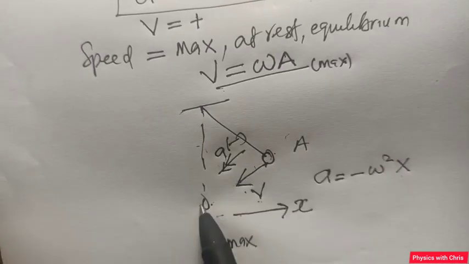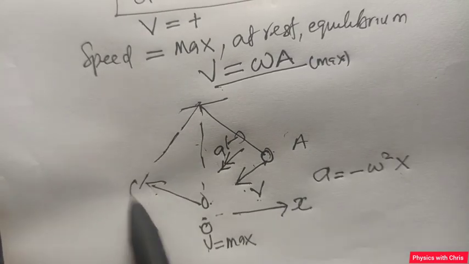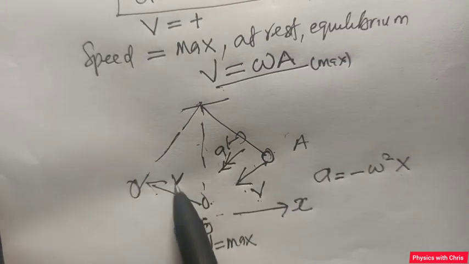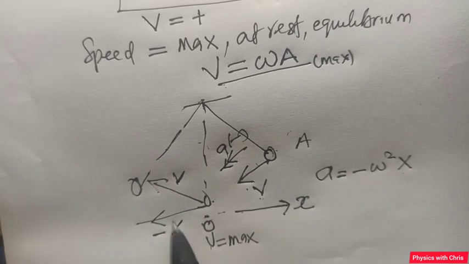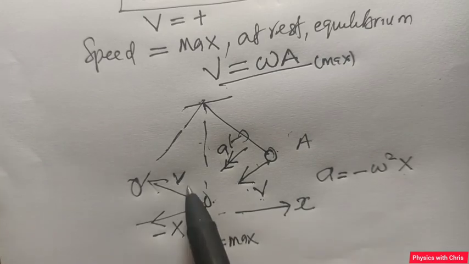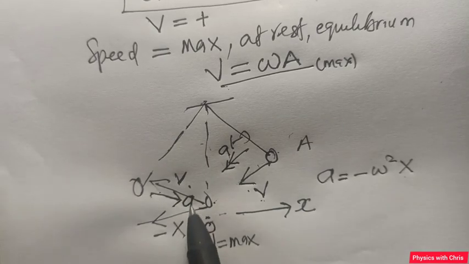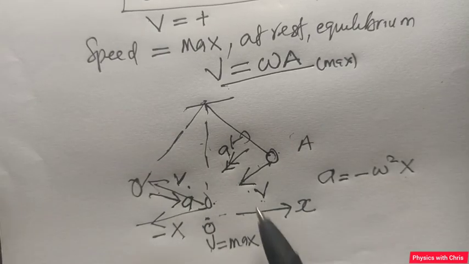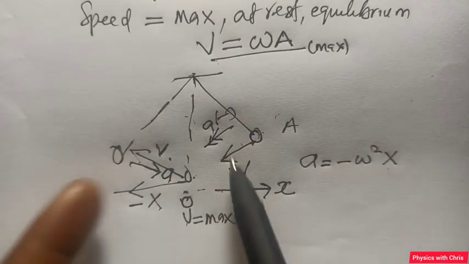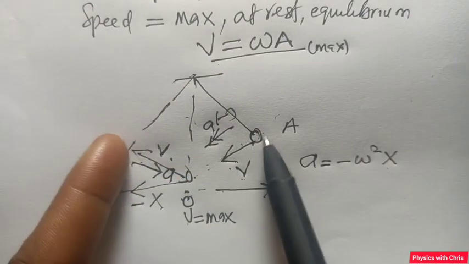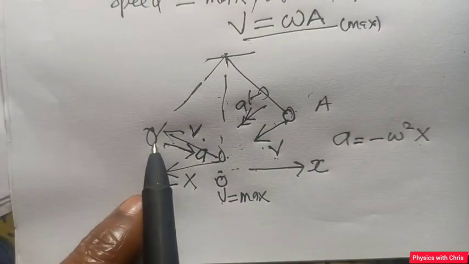What happens when it goes past point O and towards point B, somewhere here? You can see that the direction of motion is this way. Displacement is directed this way. Of course, that is negative because it's moving leftward, but acceleration is always directed towards the center of oscillation. So whether the ball is on this side of point O or on this side of point O, acceleration is still directed towards the center of oscillation. So here A is now directed towards the right.